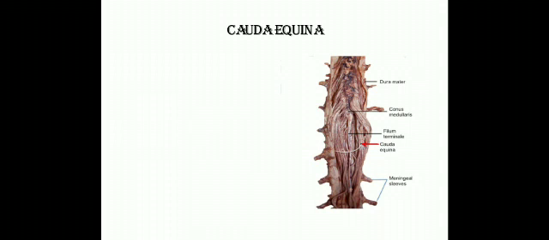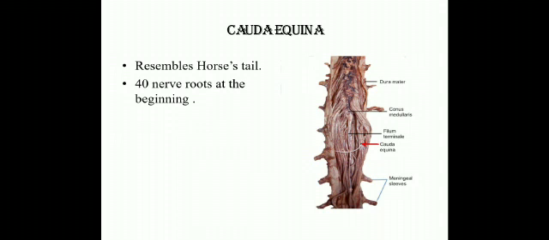So, the cauda equina, it resembles the horse tail and it consists of about 40 nerve roots at the beginning. So, the dorsal and the ventral nerve roots of right and left sides of L2 to L5, S1 to S5 and the coccygeal 1 nerves, they lie vertically around the filum terminale.